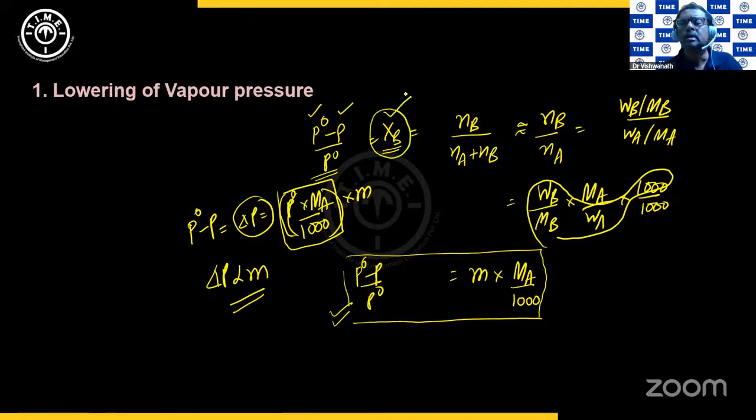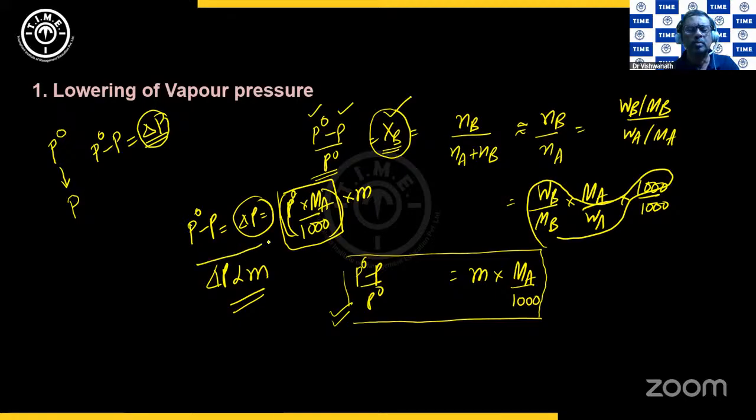So here we find that there is a lowering of vapor pressure. P0 is the vapor pressure of the solvent, and this P0 came down to P. So there is a lowering of vapor pressure. P0 minus P is delta P, which is the lowering of vapor pressure.